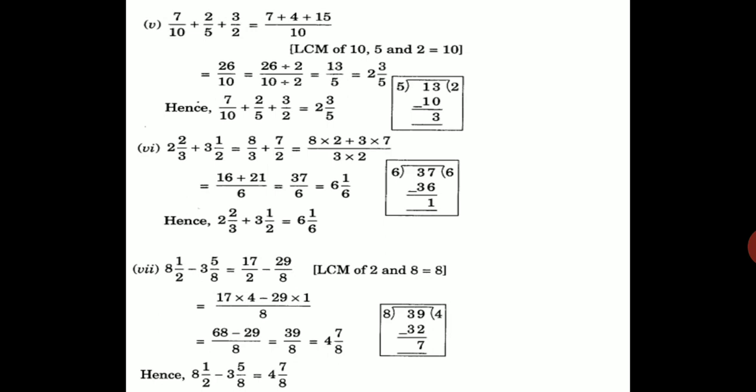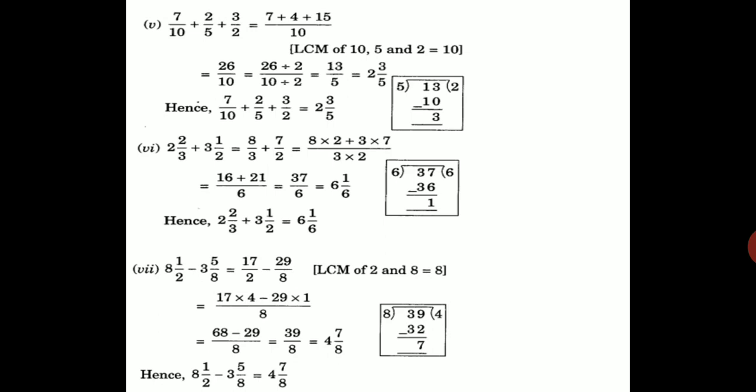So 17 fours are, and down here it becomes 8. And 29 into 1, because I don't have to multiply anything. Down here the denominator is 8. Now 17 fours are 68. 68 minus 29 by 8. So it becomes 39 by 8.